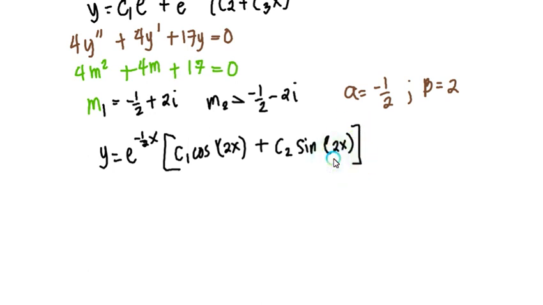Okay, so C1 cosine 2x plus C2 sine 2x. This is our general solution. Okay, so again, amo di ang aton nga general solution.